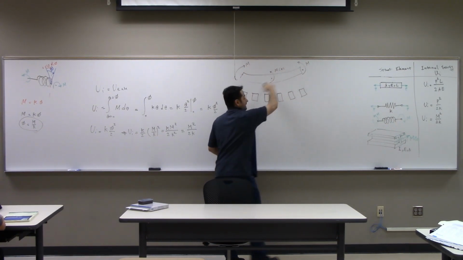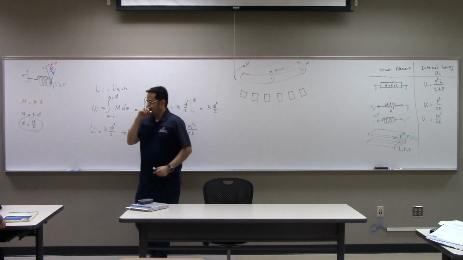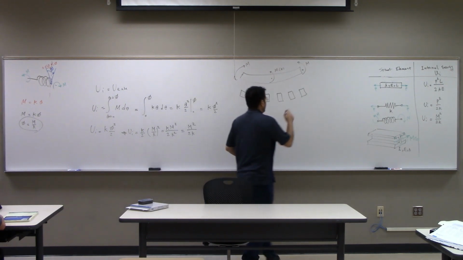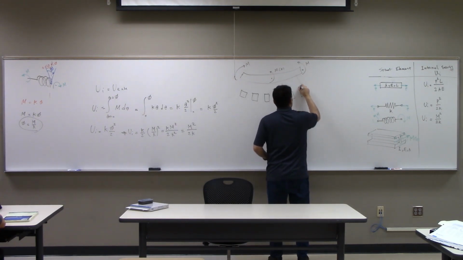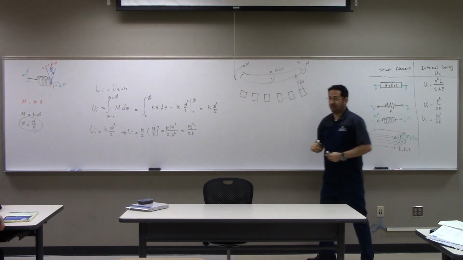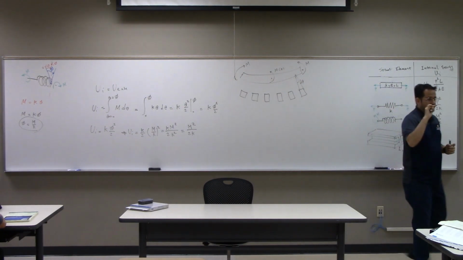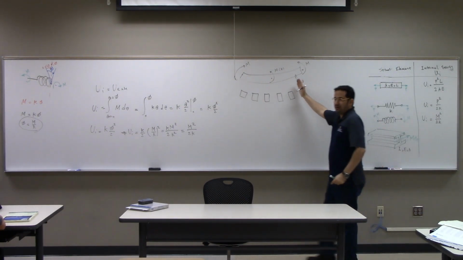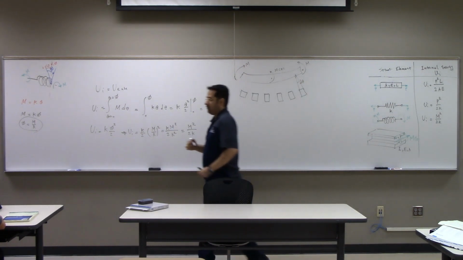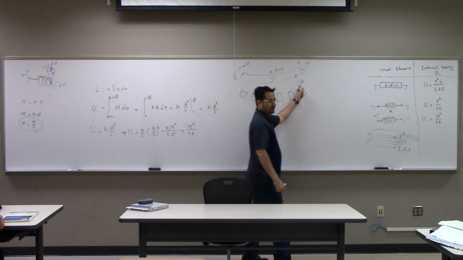So the moment is not constant, the moment can be variable. What would be the energy to bend, let's say this is d theta, so we cut it up into an infinite number of infinitesimal slices. For each one, we have d theta deformation. What would be the energy required to bend this amount of d theta?